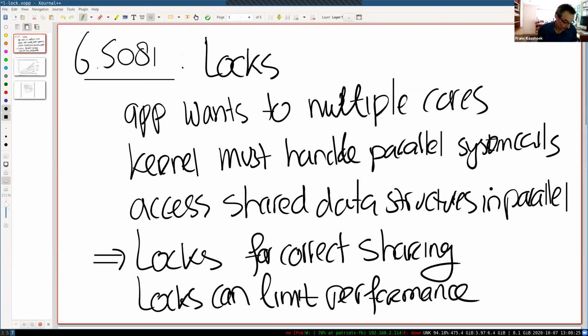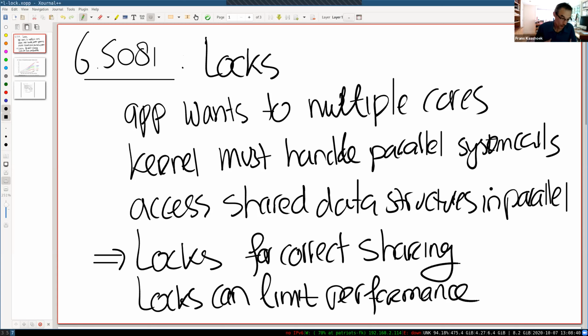So we're in a tricky situation where, for correctness we need locks, but for performance they're not good. But it's going to be a fact of life, and we'll see what one can do about it. But that's the top level scenario here.